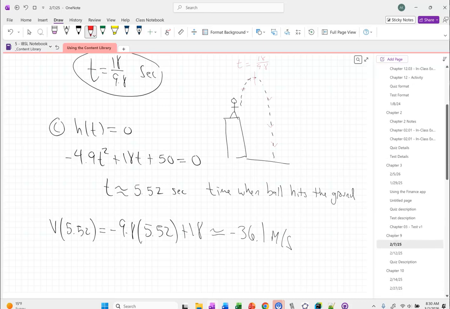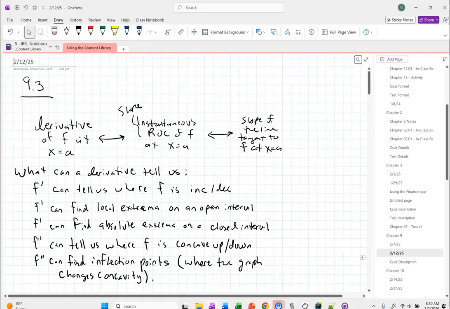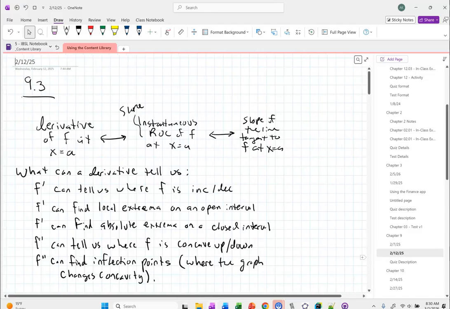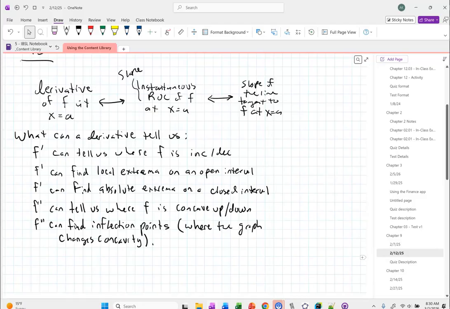So what we're going to be building towards is looking at, now we have this idea of what a derivative is. We've talked about in theory how we're calculating it, and then in practice how we calculate it. What we want to do is be able to talk about how I can use that derivative function to learn about the behavior of the graph of f.